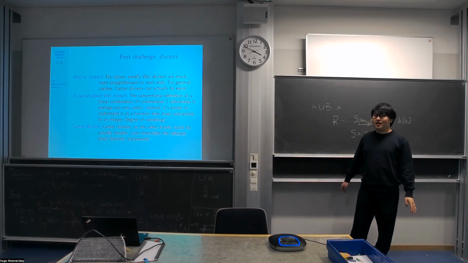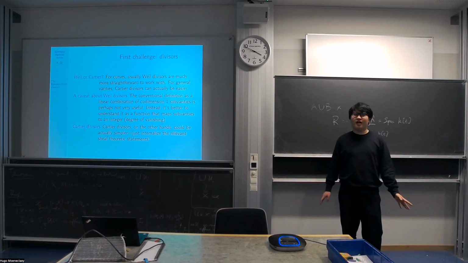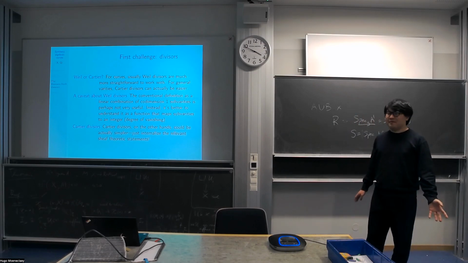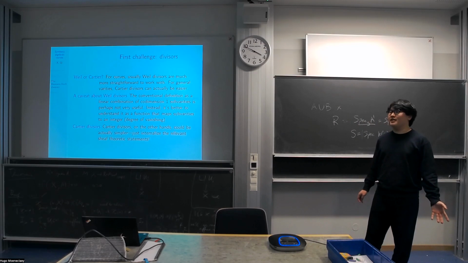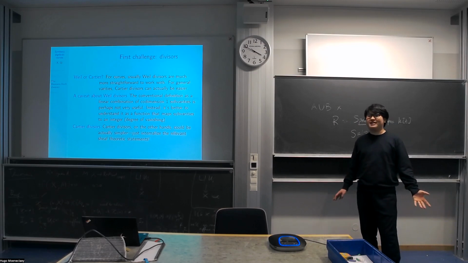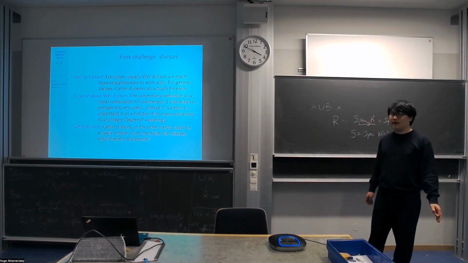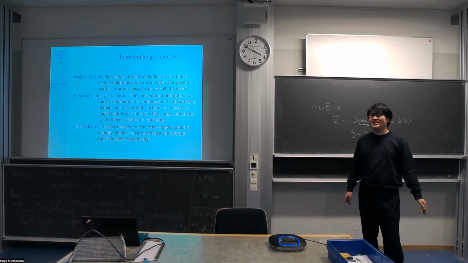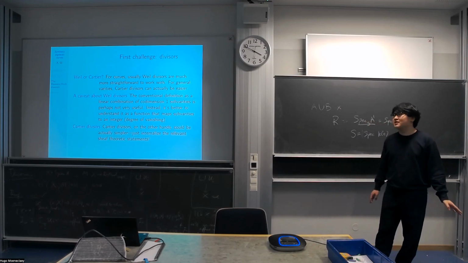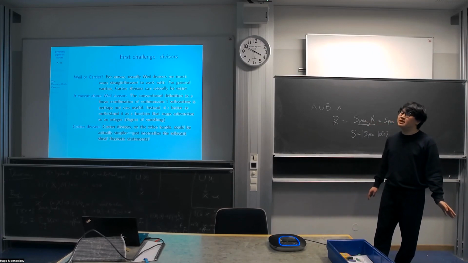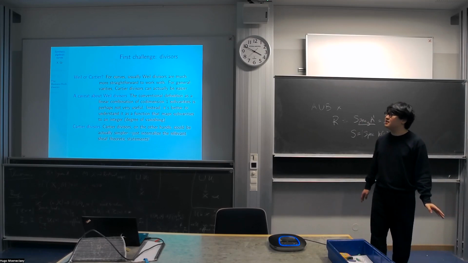First of all, you need to know what divisors are on curves or on varieties in general. There are two different but related, and I think largely equivalent notions of divisors, Weil divisors and Cartier divisors.